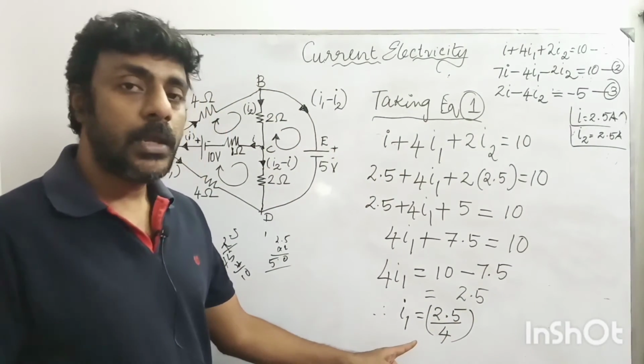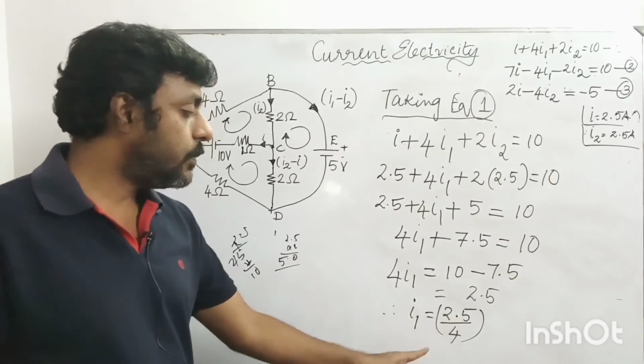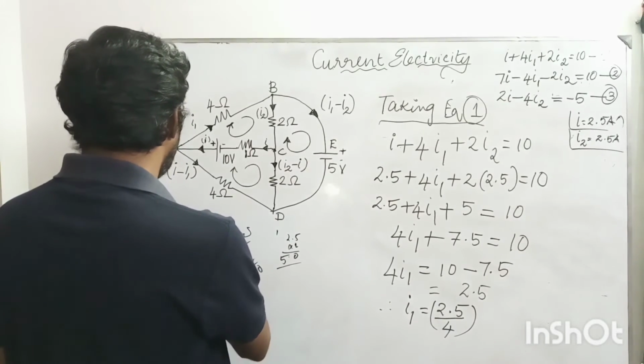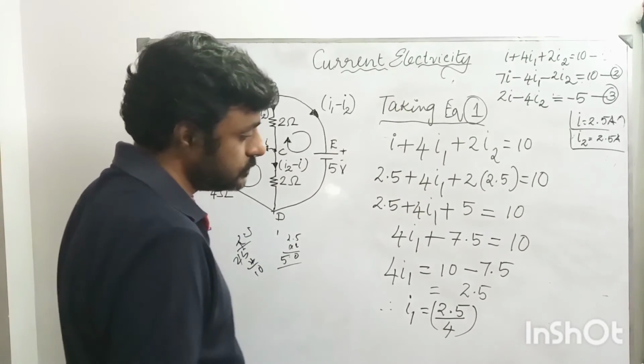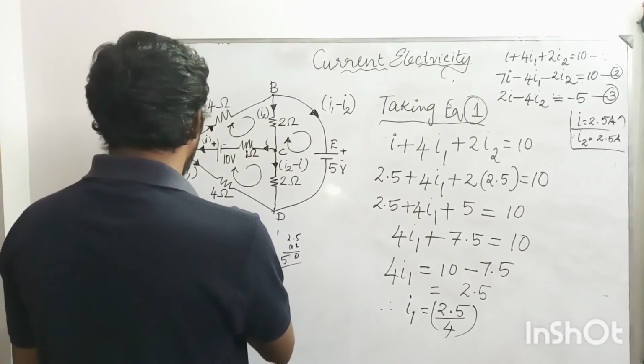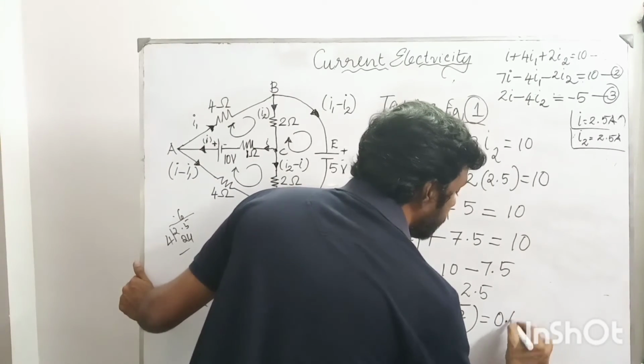I1 will be 2.5 divided by 4. So what will be the value? 2.5 divided by 4. 4 6s are 24, right? It will be 0.6 amperes.